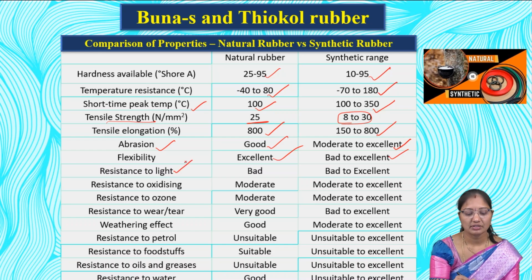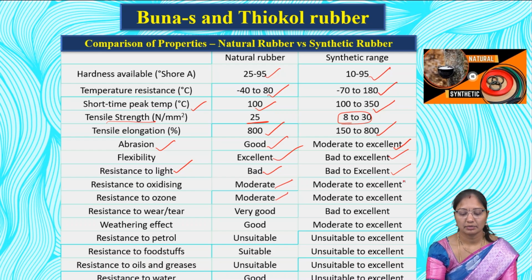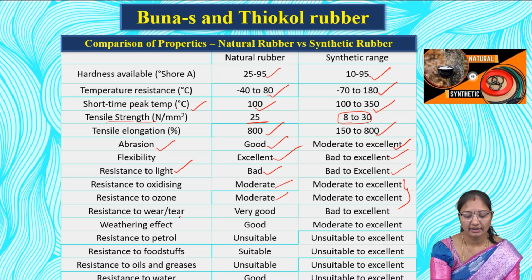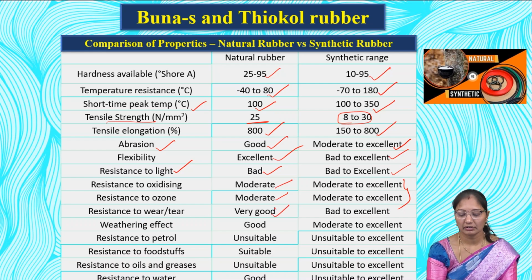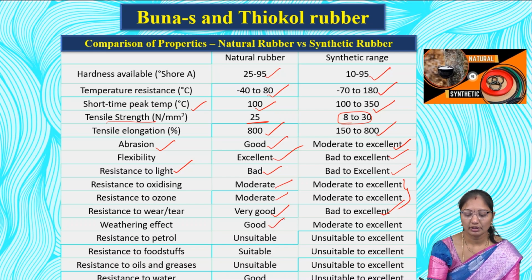Resistance to light was bad in natural and bad to excellent in synthetic. Resistance to oxidizing was moderate. Ozone resistance was moderate, whereas it is moderate to excellent in synthetic rubbers. Wear and tear is very good in natural rubbers and bad to excellent in synthetic rubbers. Weathering effect was good, and moderate to excellent.